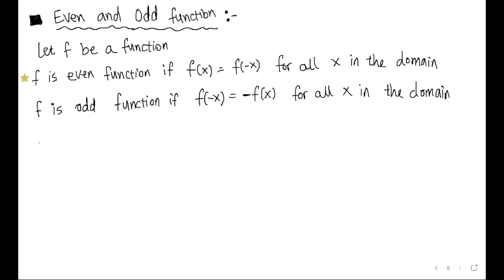Okay, so let me give you an example for this one.